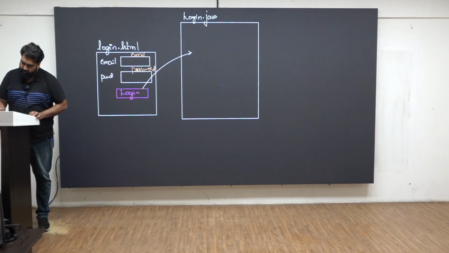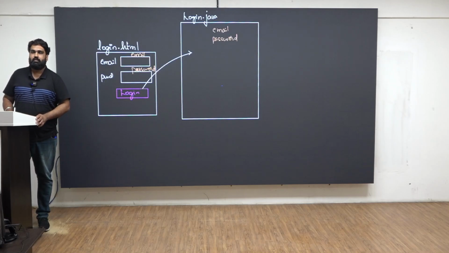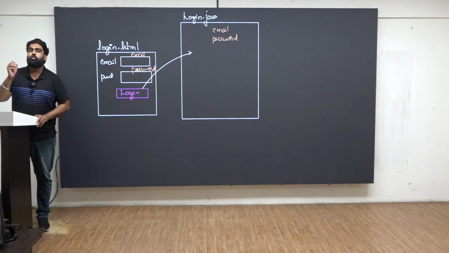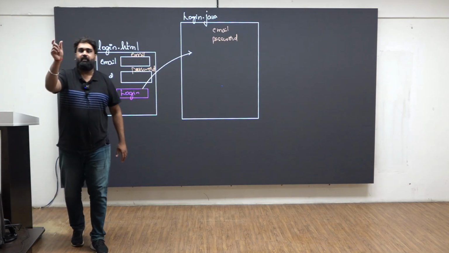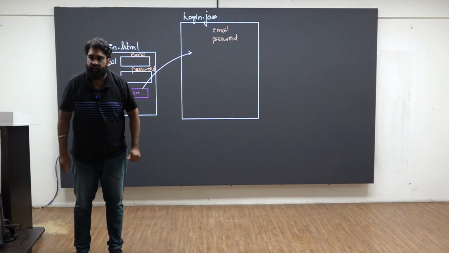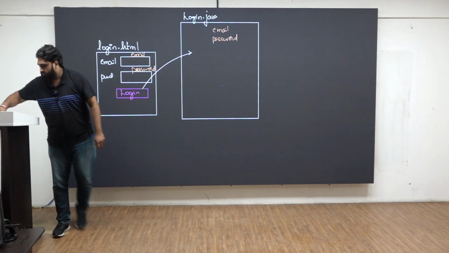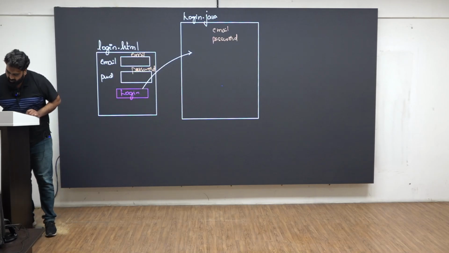So I will collect this email, I will collect this password. And now I want to check, if you remember the login, if the email ID is really present in the database. In order to do it, let us assume I have my database here.